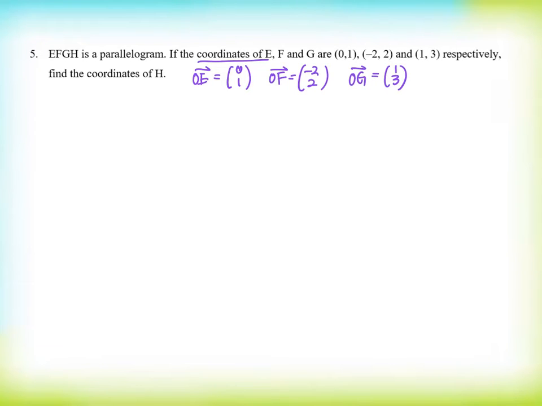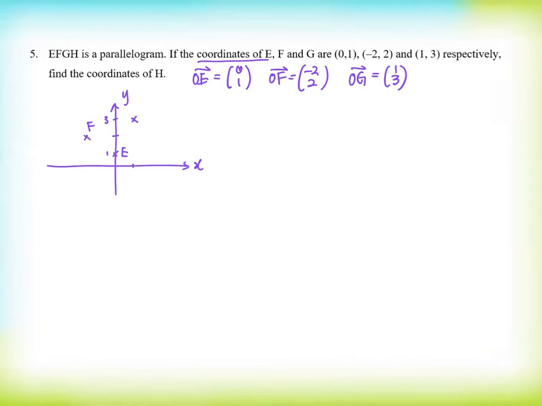It's a little bit difficult to imagine what this parallelogram will be, so I'm going to make a quick sketch. Okay, the x and the y axis. Point E is 0, 1, so probably somewhere here, point E. And F is negative 2, 2, so probably F will be somewhere down here. And G is the point 1, 3, so 1 unit and 3, probably somewhere here.